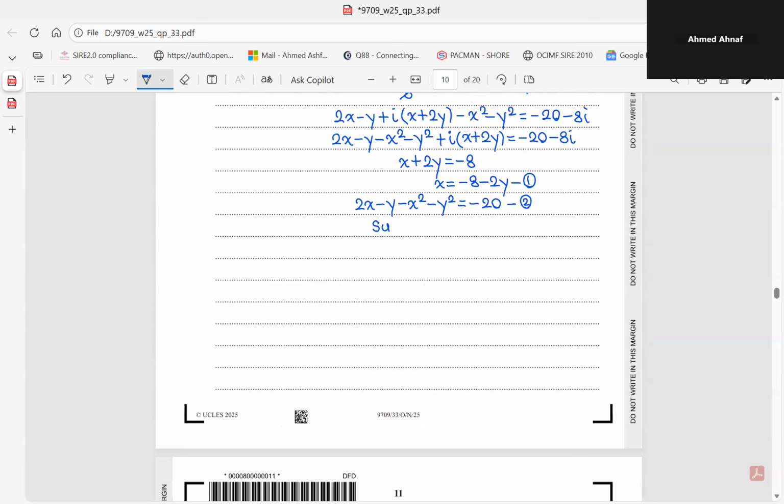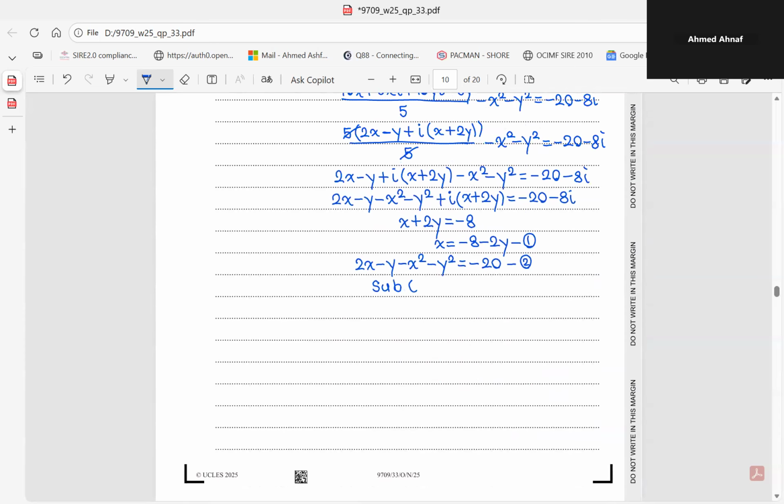We'll sub the first equation into the second one. So 2 times x, so 2 times (minus 8 minus 2y), minus y, minus x squared. So x squared is (minus 8 minus 2y) squared, minus y squared equals minus 20.